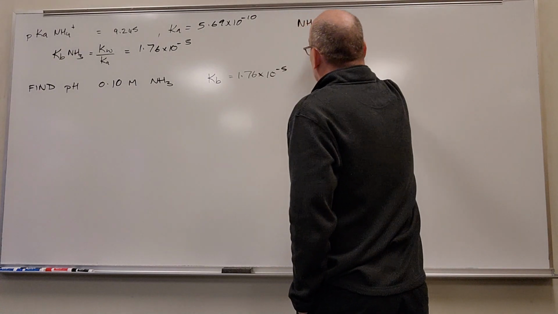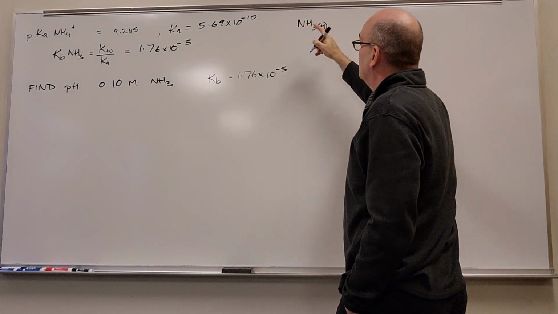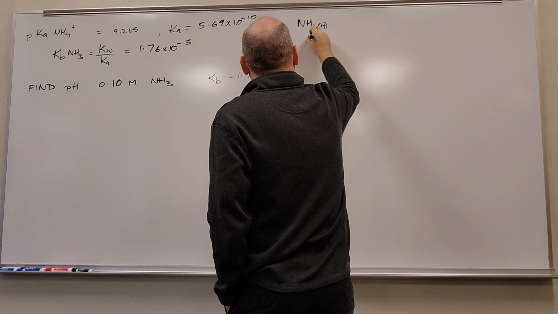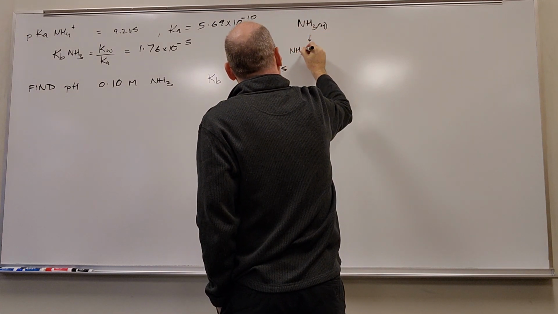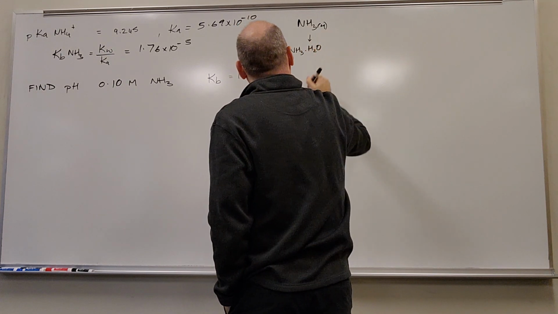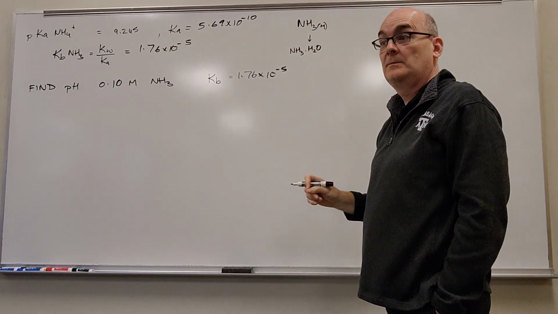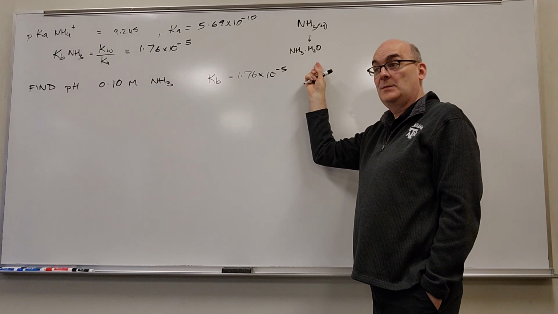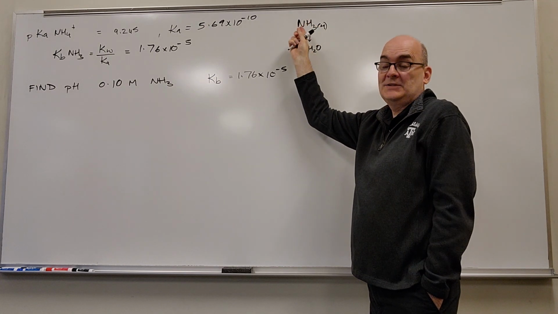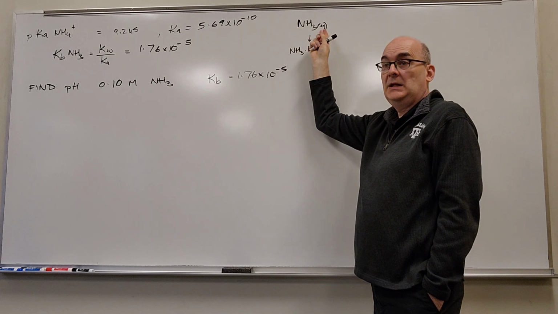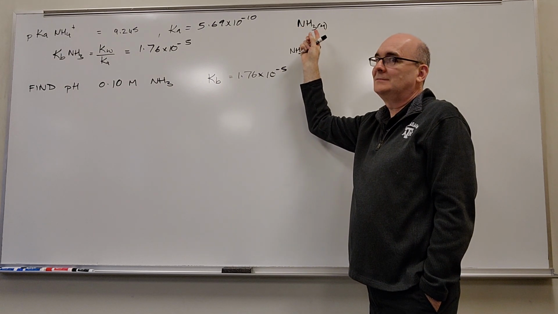It's in aqueous solution. Now, when it's in aqueous solution, that can be written this way, which is called aqueous ammonia. So this is ammonia. Ammonia technically is a gas, so you've got to look to see.